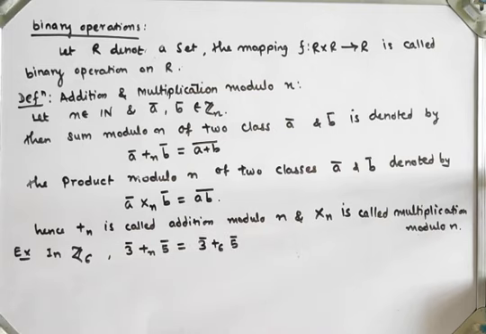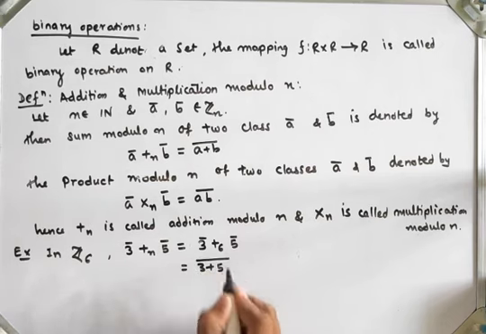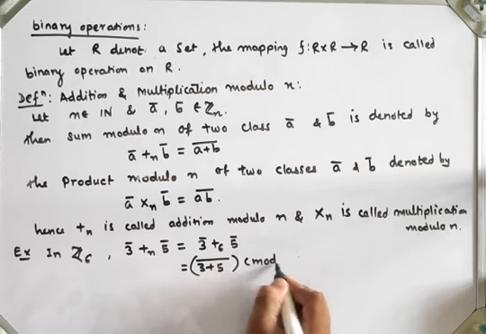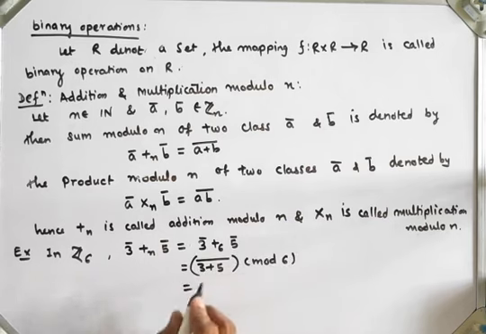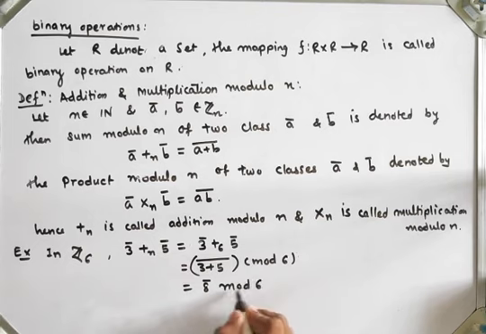So this can be written as 3 plus 5 bar modulo 6, which is 8 bar modulo 6.